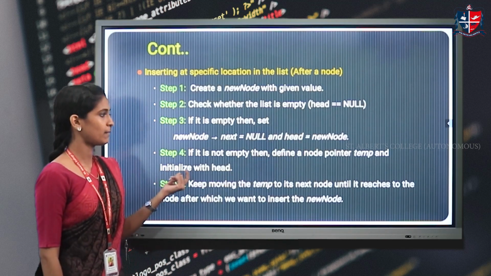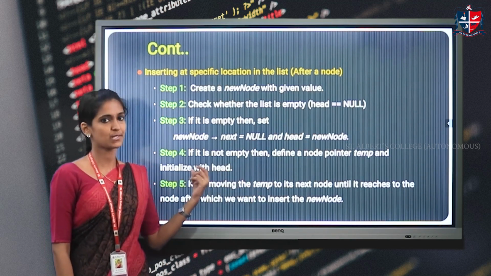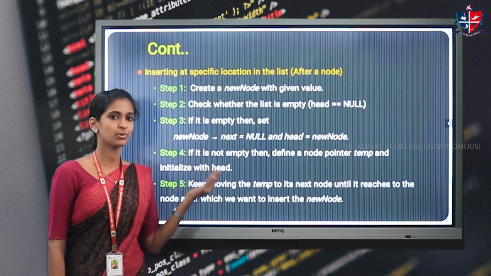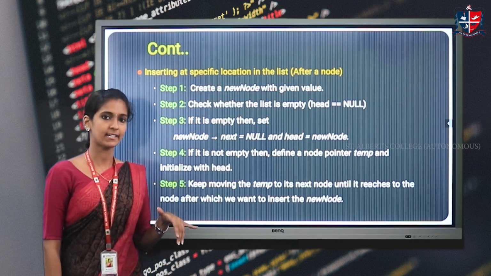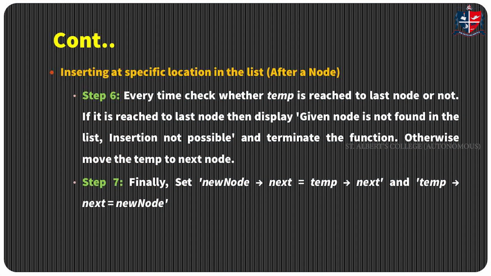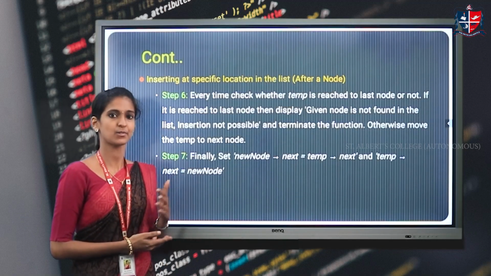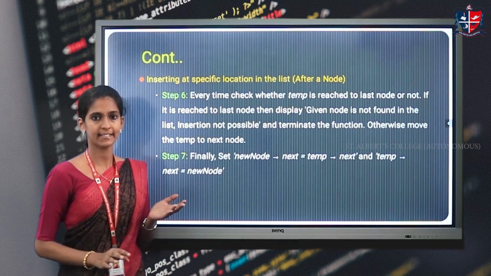If it is not empty, we define a pointer called temp and initialize it to head, and keep on moving temp until we reach the node after which we want to insert. You keep on traversing temp, checking whether the node is present in the list. If it reaches the last node and the node is not present, you just terminate the function.